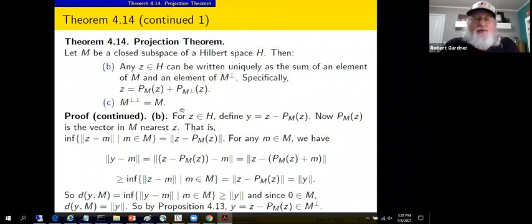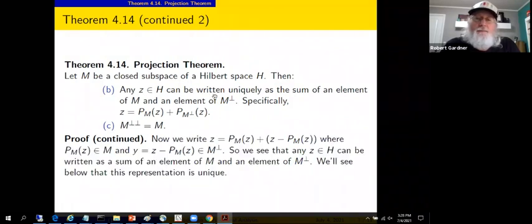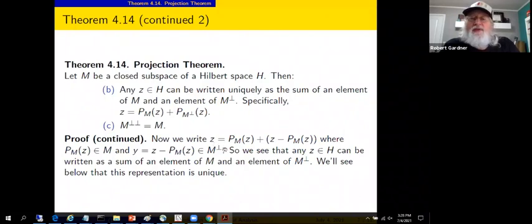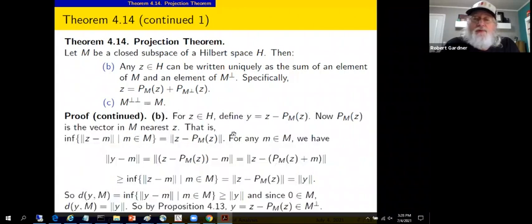All right, we're trying to get to this representation. I think we're pretty close. So we'll take Z. We wrote it as the projection plus Y. Let me go back.